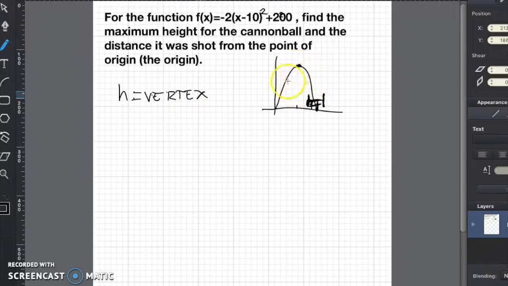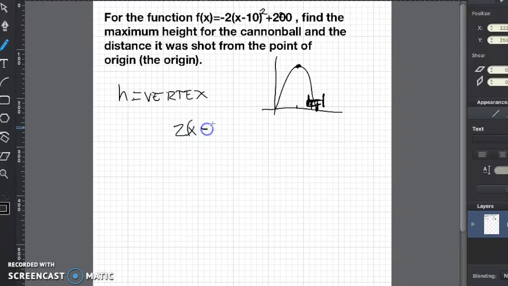Our vertex is going to be at, well, we can do it from this one, right? So I have negative 10, minus 10 squared plus 200. Negative 10 tells me to go which direction, right? So that way. 200 tells me to go that way.